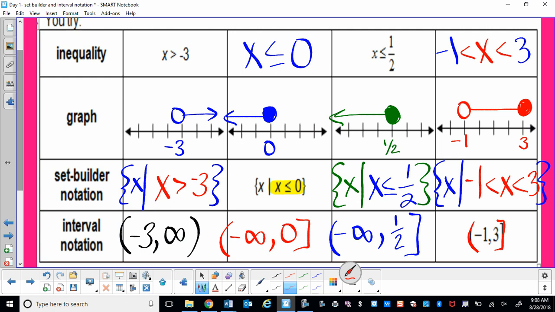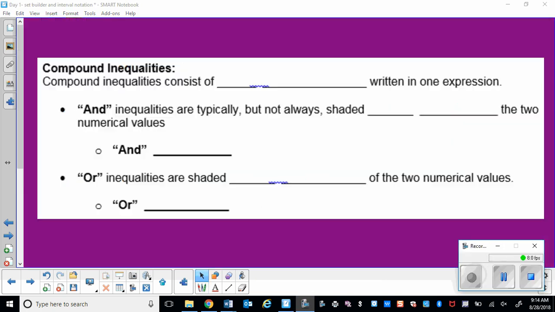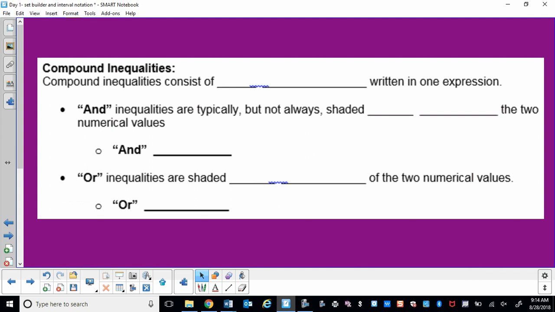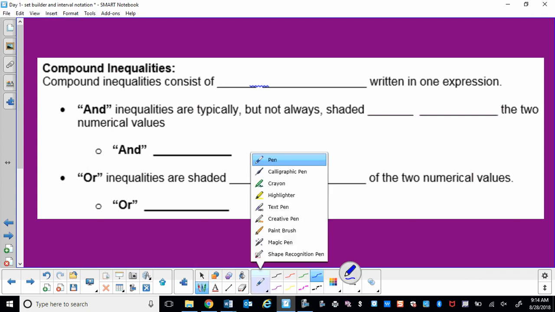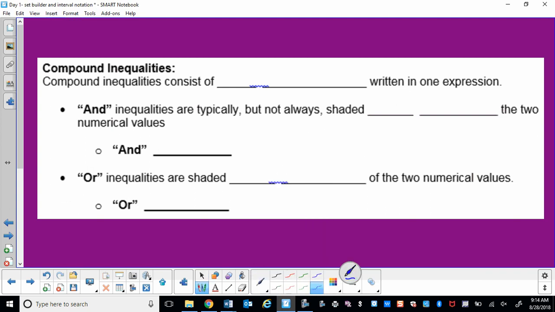All right, let's take compound inequalities. Stay with me, my friends. Compound inequalities consist of two inequalities. This is on the back page, by the way.